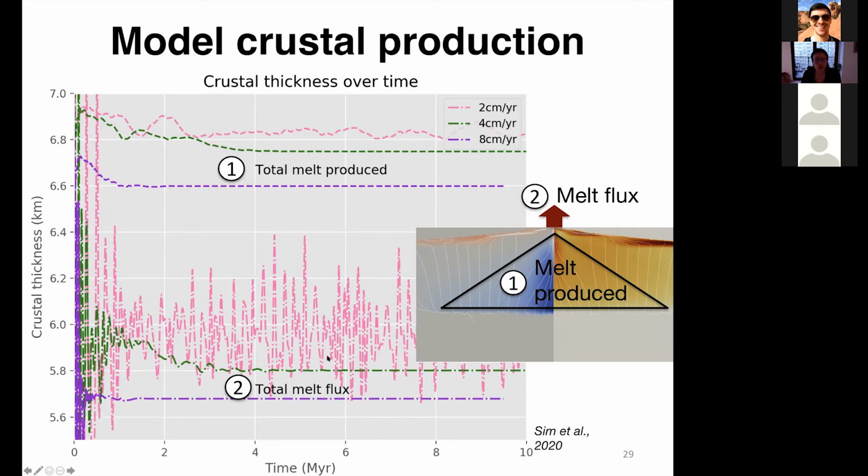You also notice there's a difference between the two of them, and that's because not all of the melt produced actually makes it out to form oceanic crust. Some of it freezes back into the lithosphere.